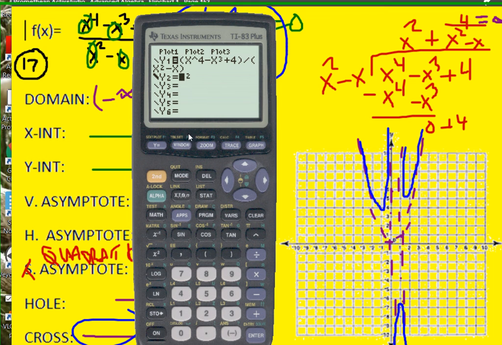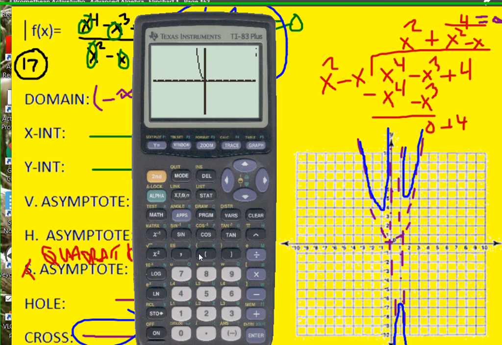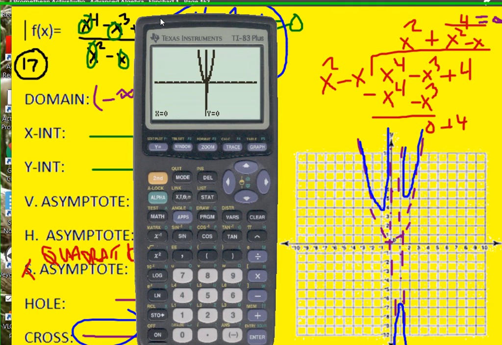If we take what we think is the slant asymptote, the quadratic asymptote of x squared, and graph it, look how spot on it goes with what our graph looks like. Even if I zoom out a little bit, there's your graph, and there's your asymptote. It matches almost perfectly. So that's why these asymptotes and this end behavior really end up being a big part of what we do in advanced mathematics.